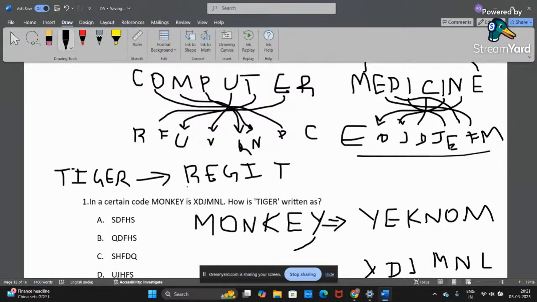What is the previous letter for R? It is Q. For E it is D. For G it is F. For I it is H. For T it is S. That means QDFHS is your answer.